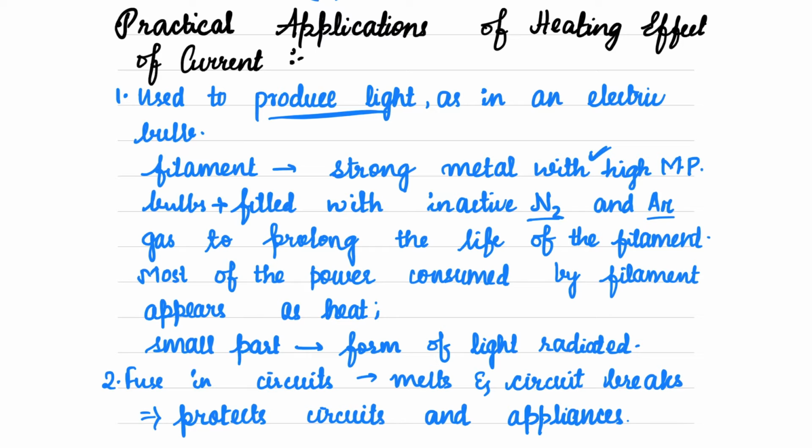What happens is whenever electric current passes through it, heat will be produced, and we have discussed the magnitude will be equal to VIT or I square RT. So most of the power that is consumed by the filament appears as heat, and a small part forms the light radiated, and we are able to get the light. So this is one application.